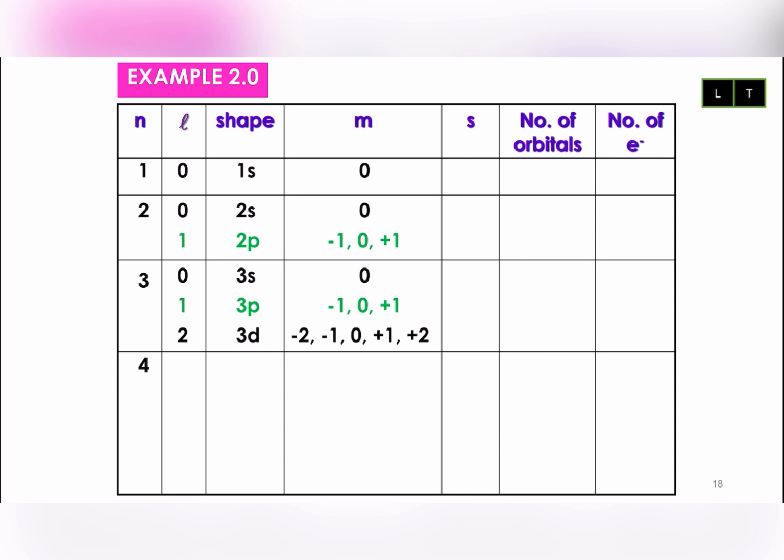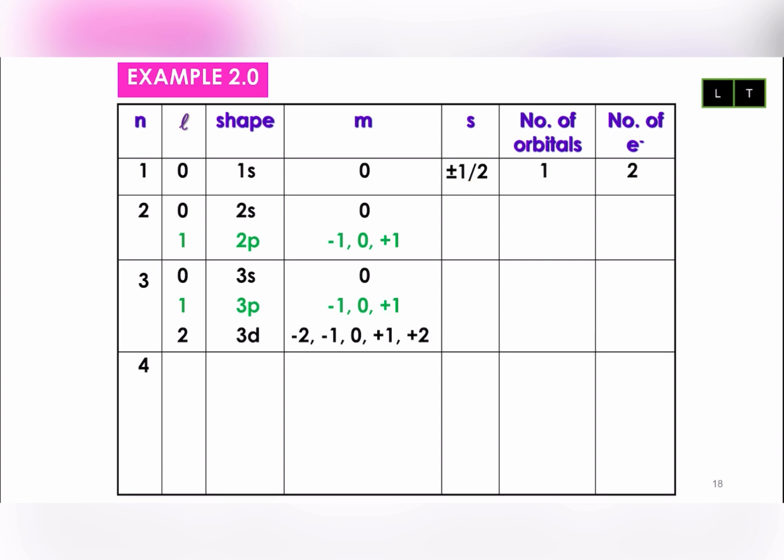So this is where we are going to continue. With this one, we have two different directions for electron spin, and we know that the number of orbitals is 1. So the number of electrons can be 2 because we have two different spins here. The first electron is for the clockwise direction and the second one is for the anti-clockwise direction.